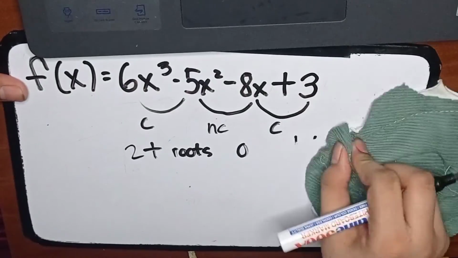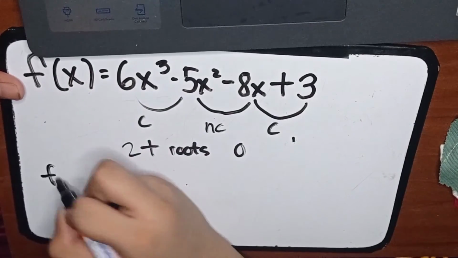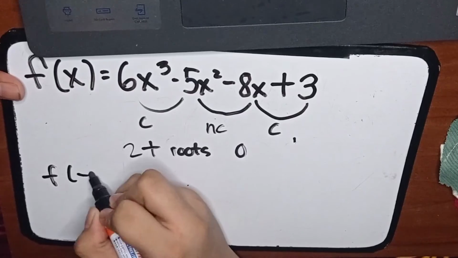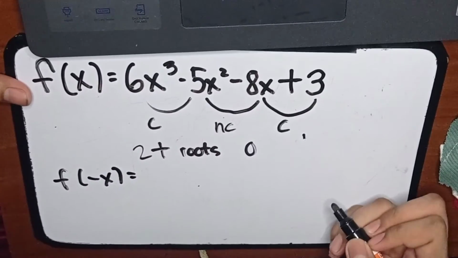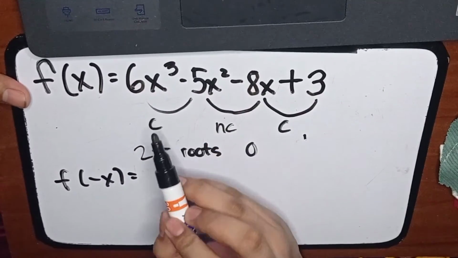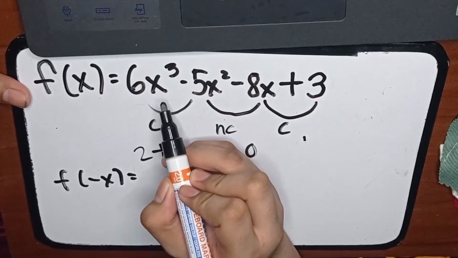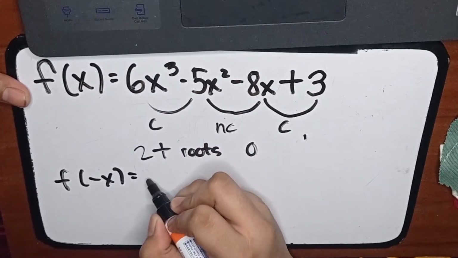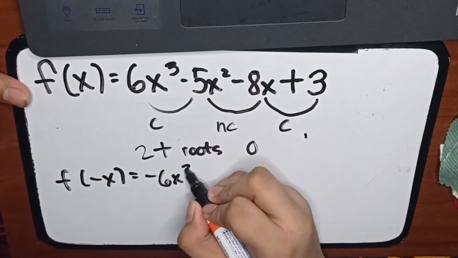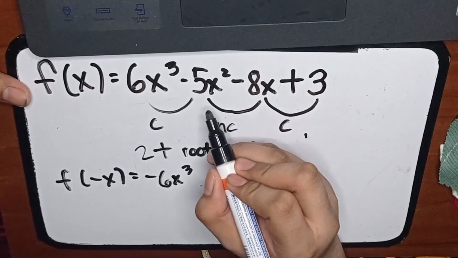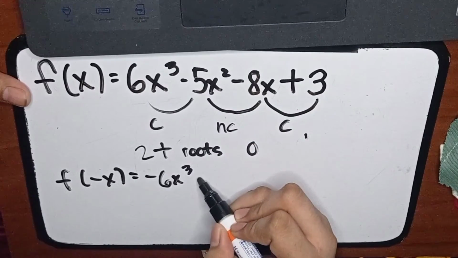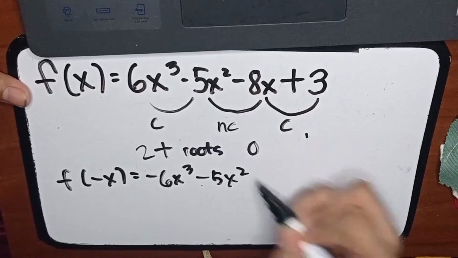The same way, on f(-x), how are we going to change this? Take a look at the odd terms. Since this is the cubic term, we change it into negative 6x cubed. Since this is a square term, there will be no change: 5x squared.